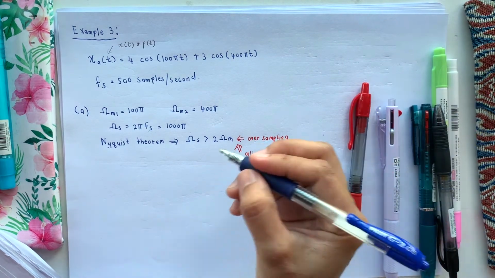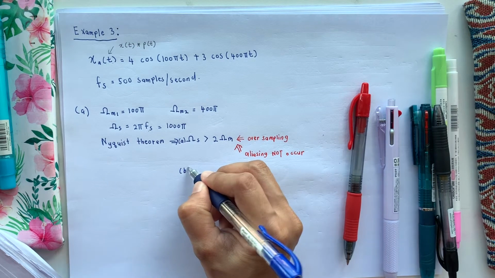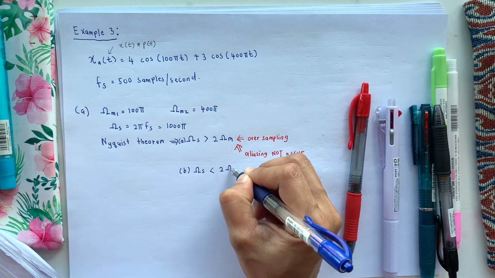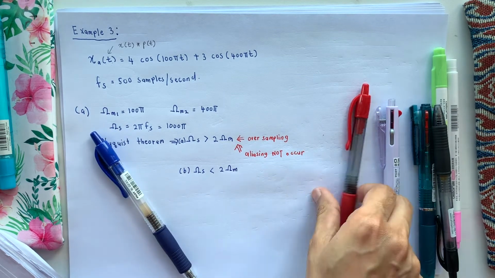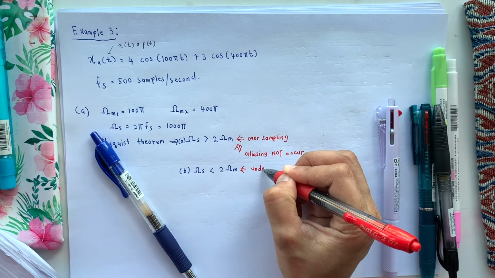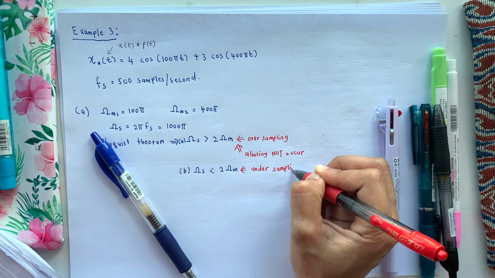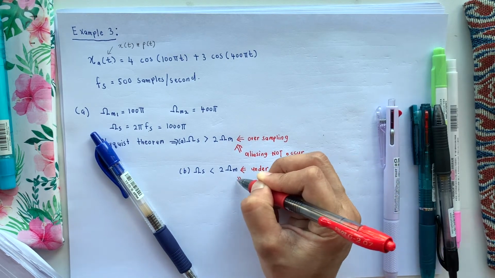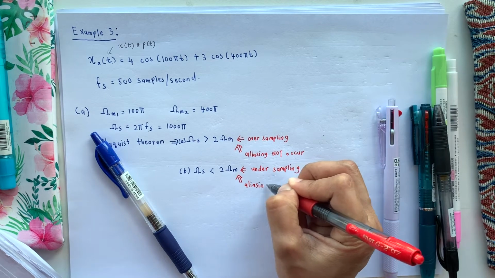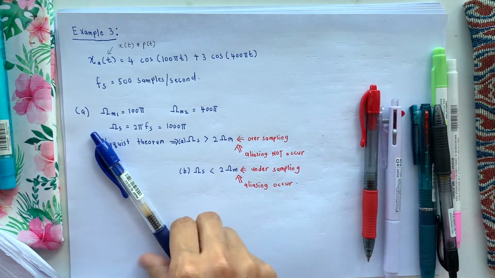This is for the first condition. For the second condition, ωs is less than 2ωm. This is the undersampling condition, which means aliasing occurs.